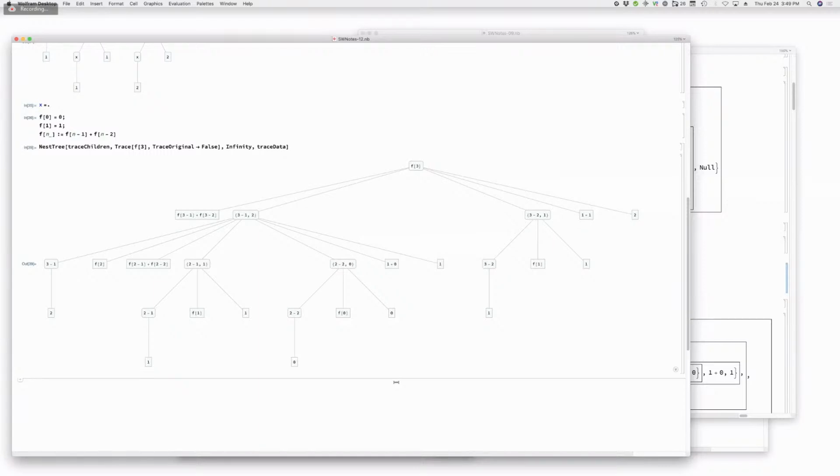Compare this to what just trace gives. Well, trace may be just completely wrongly designed, but it does something systematic. Here, f of 3 is actually a sibling. We've made it a parent in the tree.